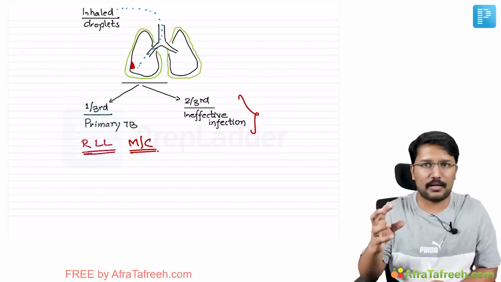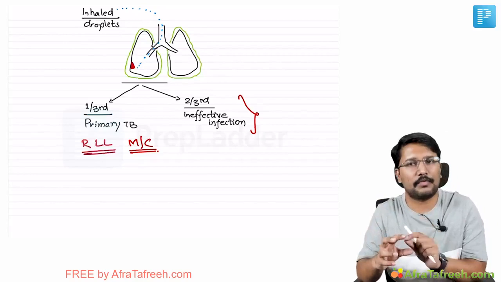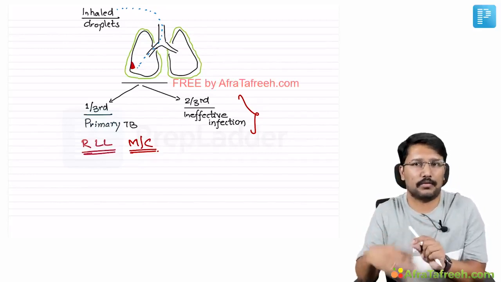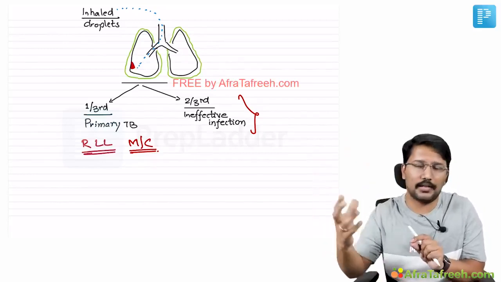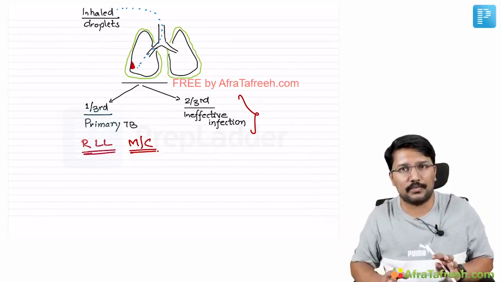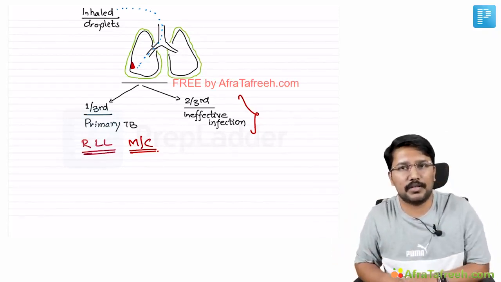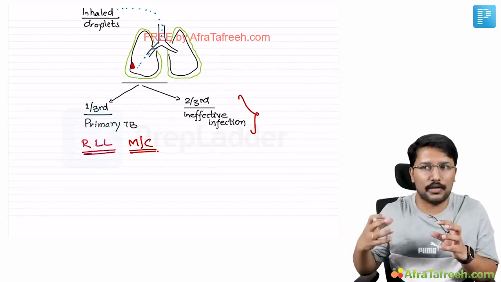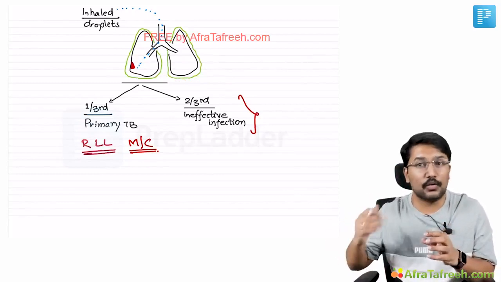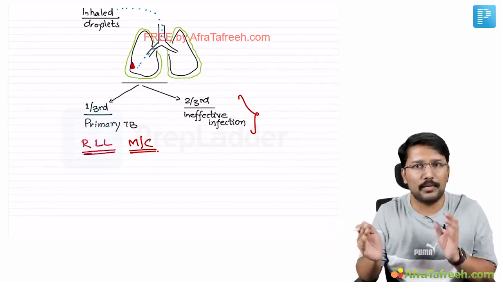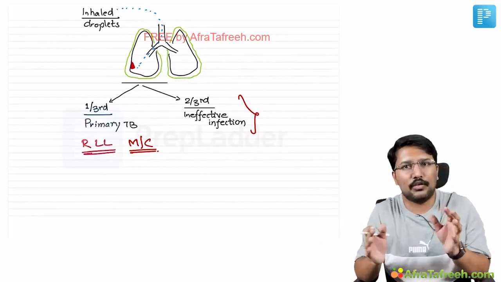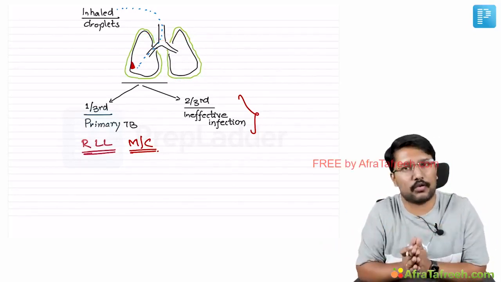Once the macrophages are infected, the tubercle bacilli has found a survival place. From there, either it can get reactivated later or it can cause active infection now. But in these ineffective infection patients, there is no generation of infected macrophages. There is no immune response from the body. Basically, the bacilli do not invade the macrophages.